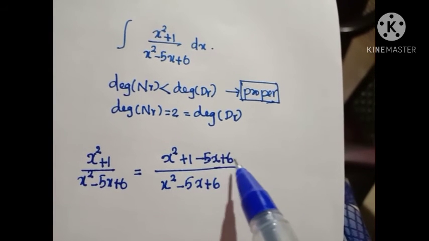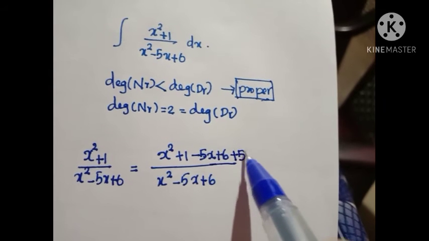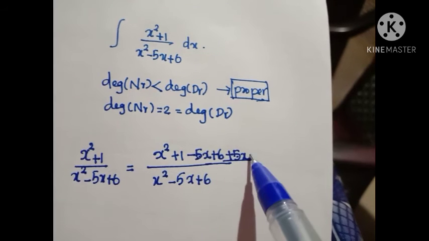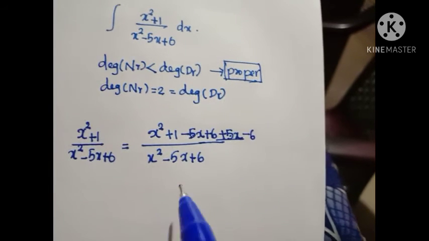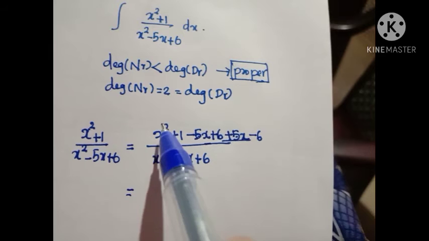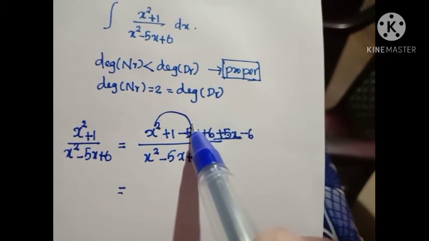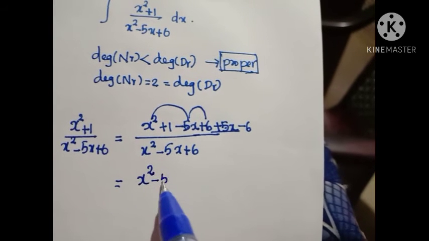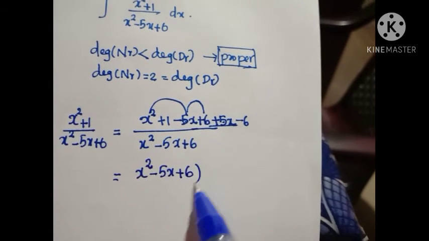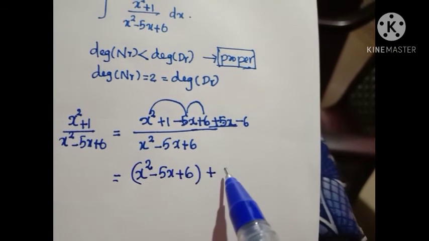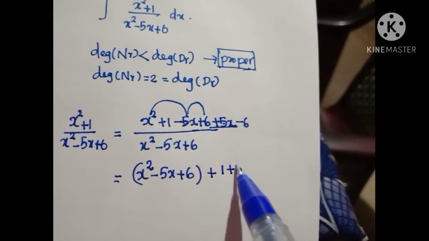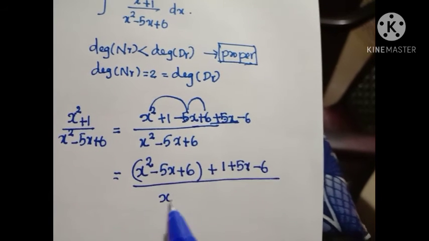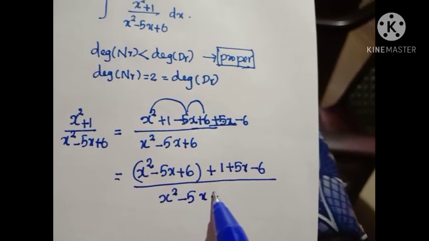So we add these two. Simultaneously we have to do the opposite process: minus 5x plus 6 minus 6. Okay. Now you have to collect x square minus 5x then plus 6 together: x square minus 5x plus 6, then the remaining terms 1 plus 5x minus 6, whole divided by x square minus 5x plus 6.